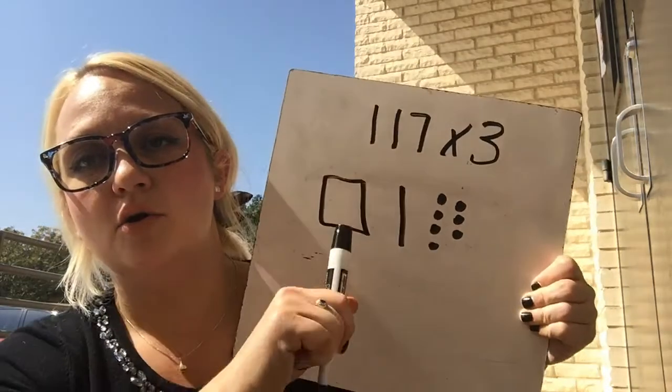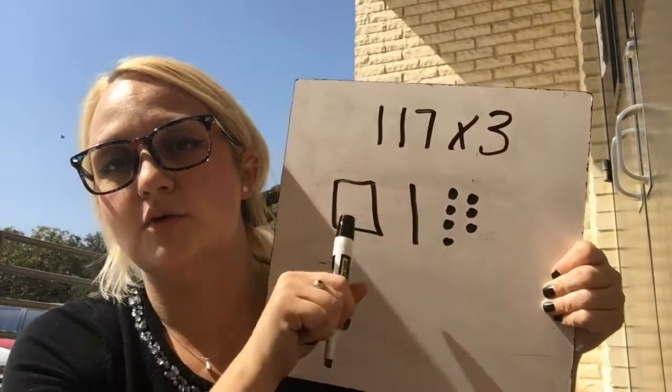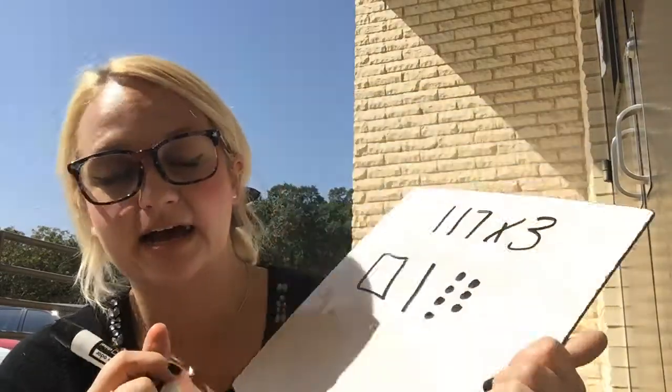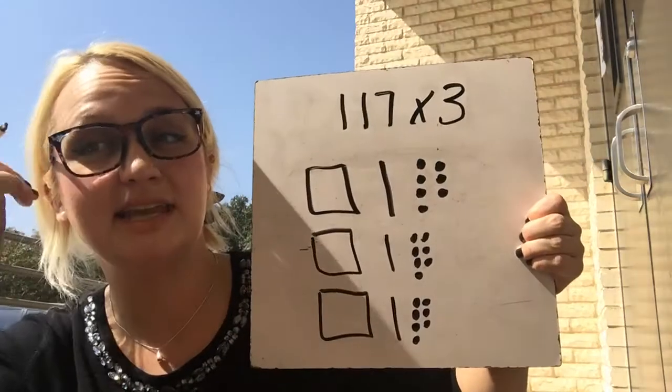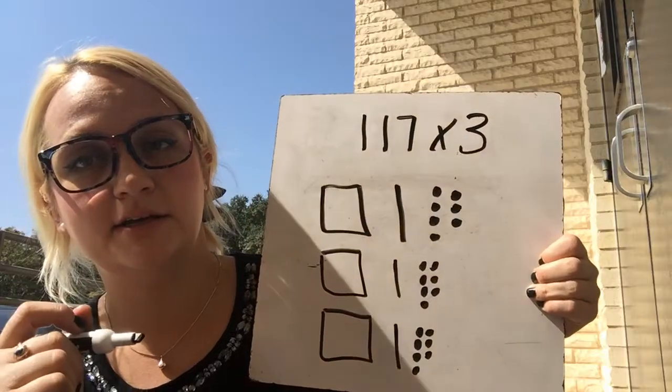That's expanded. You might also see it with an array. So 100, 10, 7. 117, how many times? 3. 117 3 times.